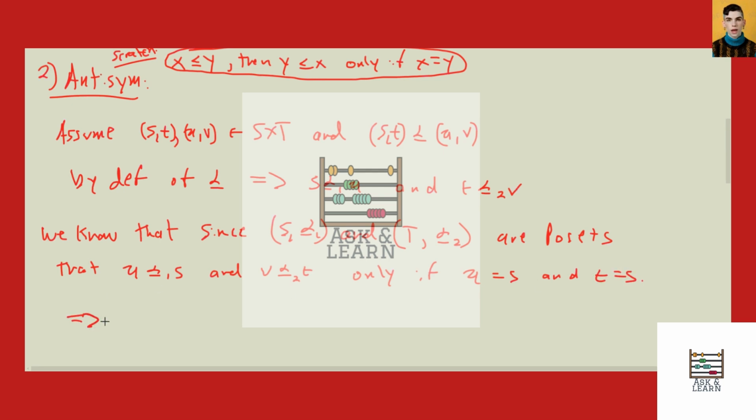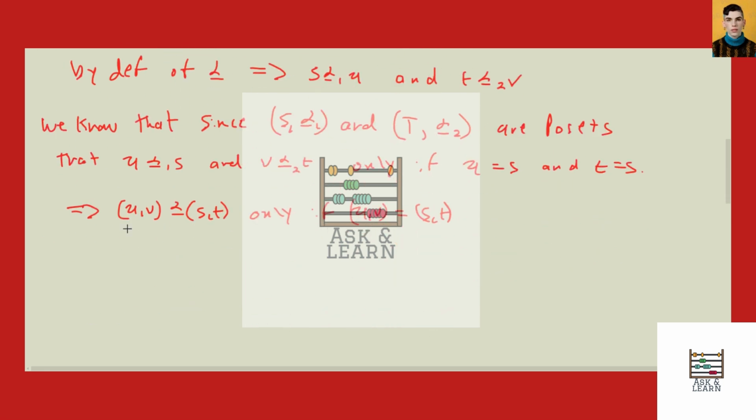Thus, this implies that (u, v) with our ordering here will be less than or equal to (s, t) only if (u, v) is equal to (s, t). So, thus, S cross T with this ordering is anti-symmetric.